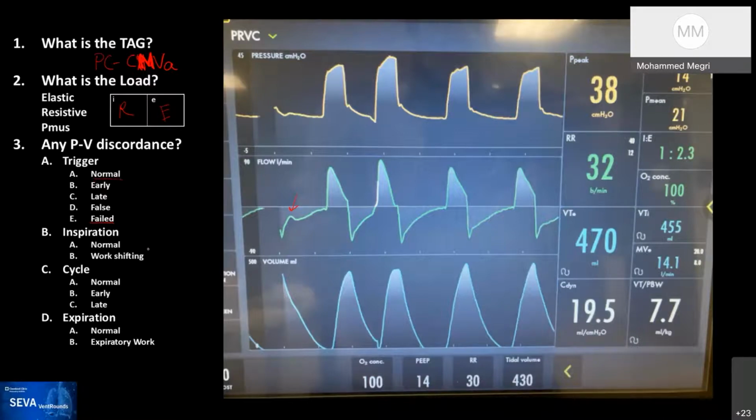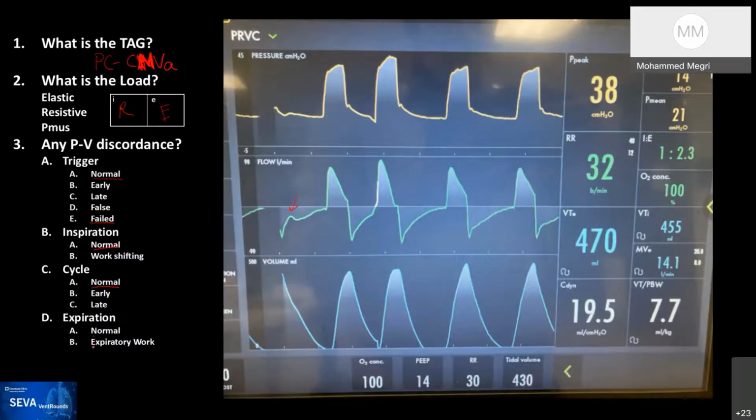Inspiration is normal. I don't see any work shifting. And cycle wise, I wouldn't say any change. Let me confirm. Yeah, I don't see any changes in cycle. If you look at it, the breath triggered by the patient, the second breath, has a shorter inspiratory time compared to the other breaths triggered by the machine.